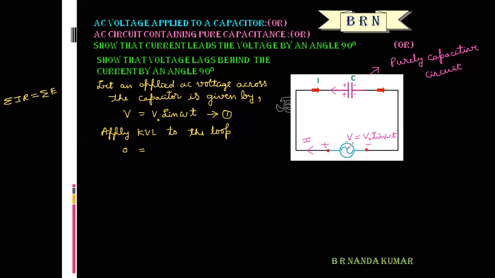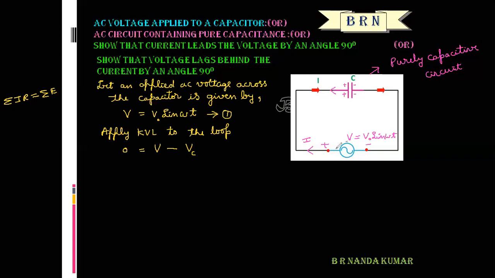Here, one is the clockwise EMF and the other is anti-clockwise. V is taken as positive, and the potential difference across the capacitor should be taken as negative, according to the sign convention.